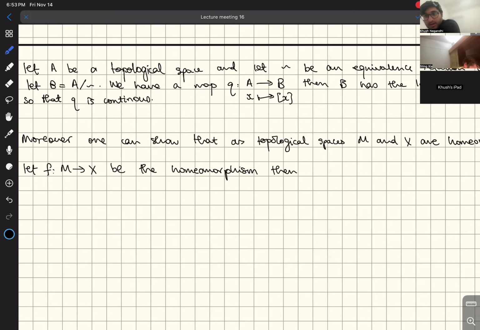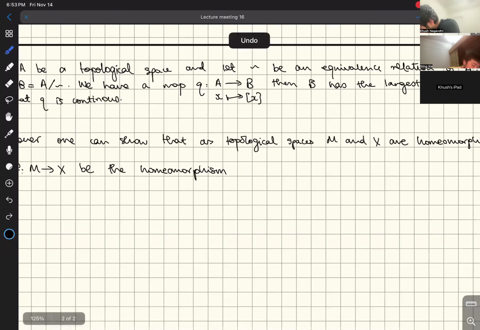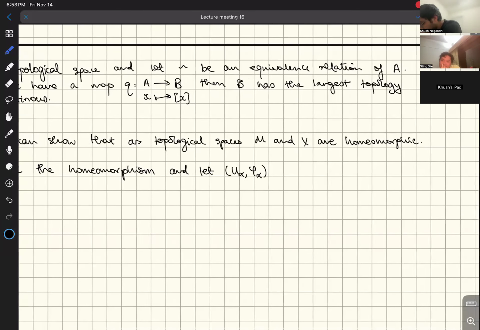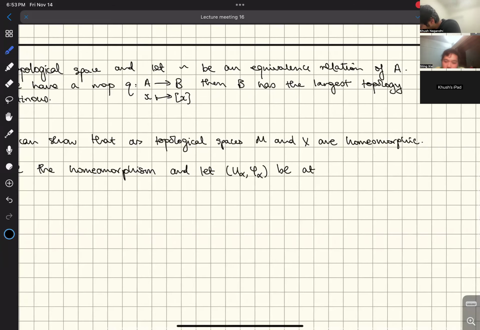Then, and let {U_alpha, phi_alpha} be an atlas of M.